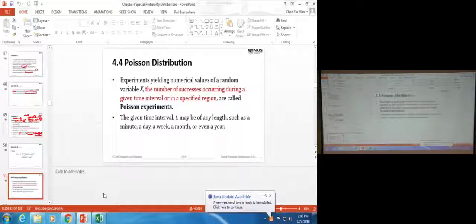We also talked about the negative binomial distribution. This time the random variable is the number of trials. If the number of trials is X, we want to figure out how many trials we need in order to get k successes, where k is fixed. Unlike the binomial, the roles of the number of successes and the number of trials are swapped in the negative binomial.